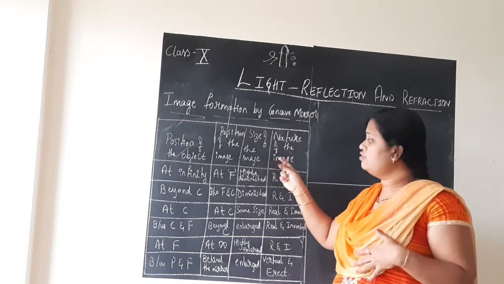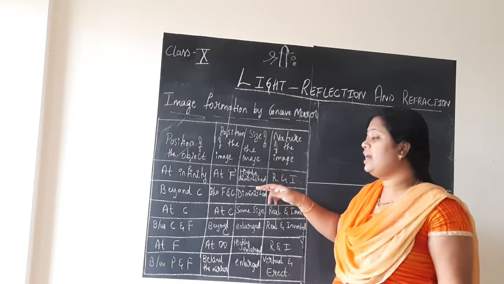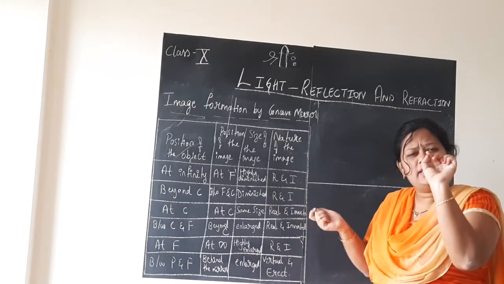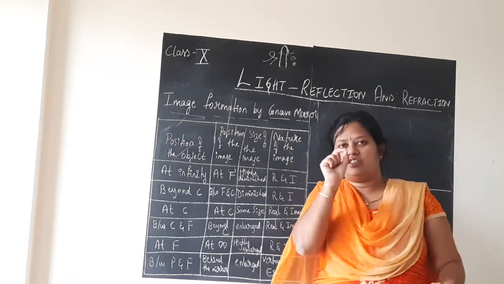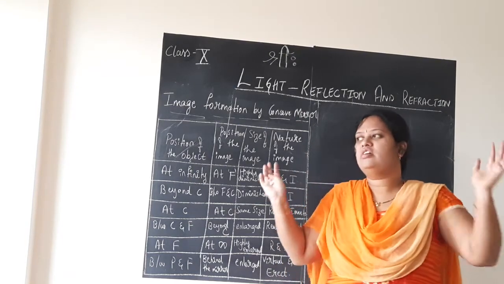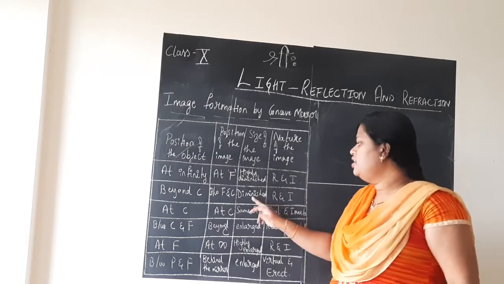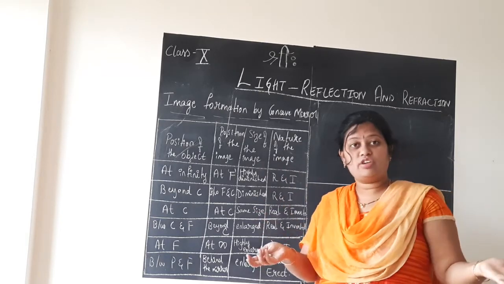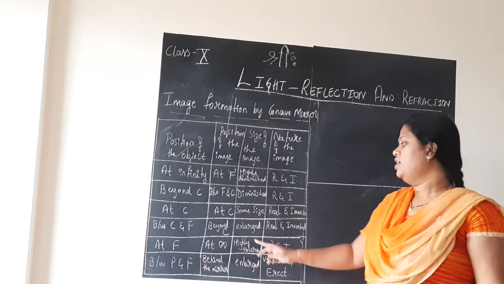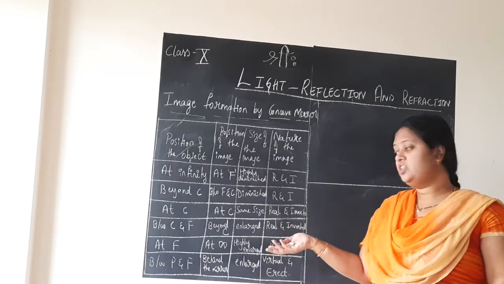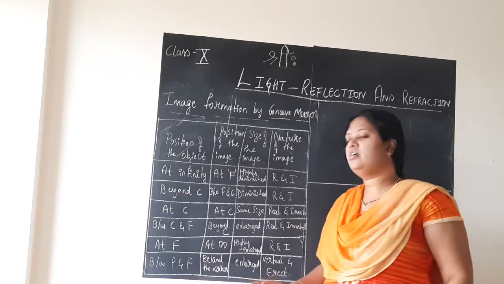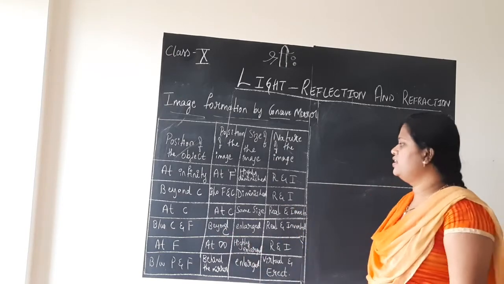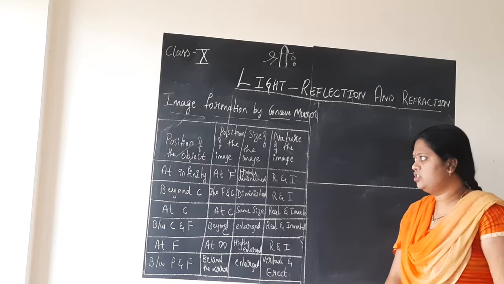So the size of the image varies: it can be highly diminished, means very small. It can be the same size as the object, like a plane mirror. It can be an enlarged image or a highly enlarged image. These are the different sizes of the images formed.